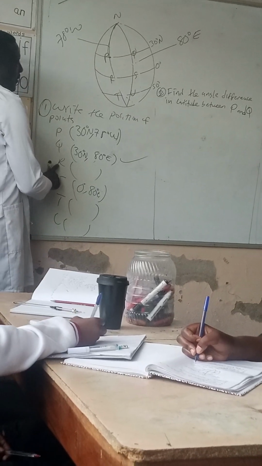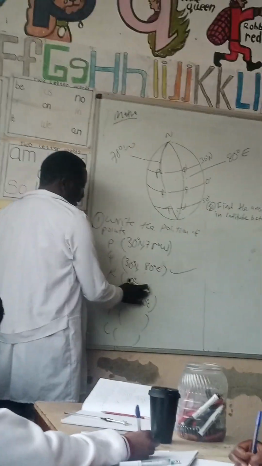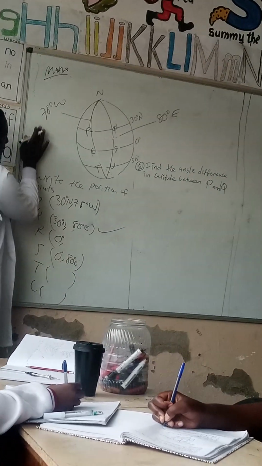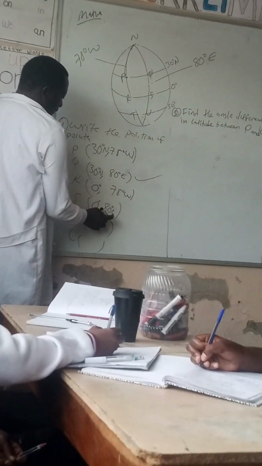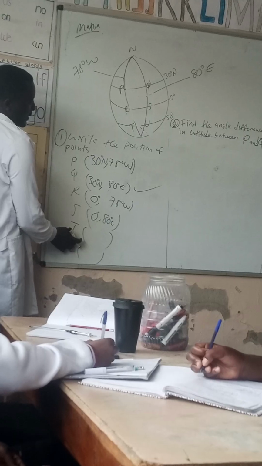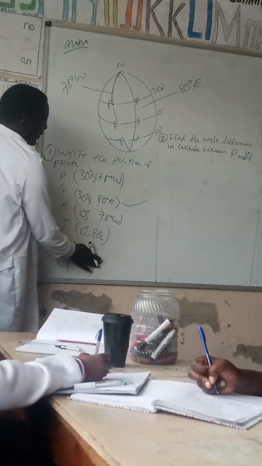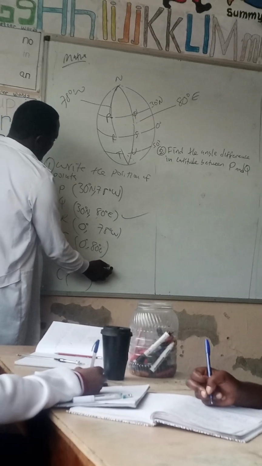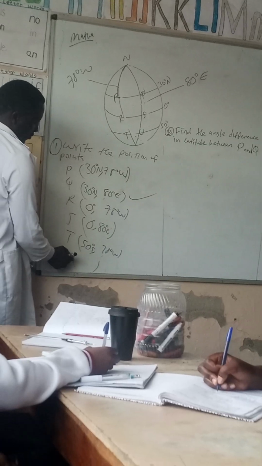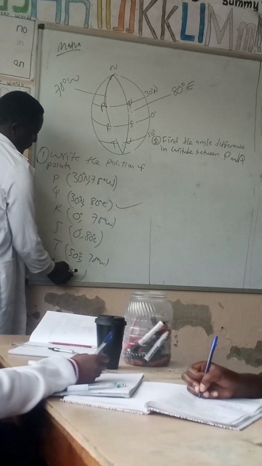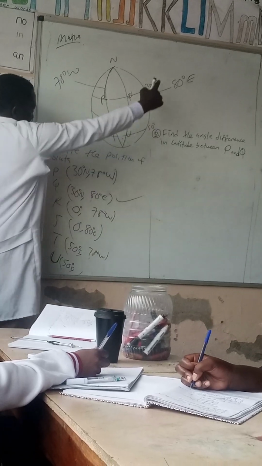R is 0 degrees, no direction, equator has no direction, comma, 78 degrees west. T is 50 degrees south, comma, 78 degrees west. What is U? U is 50 degrees south, comma, 80 degrees east.